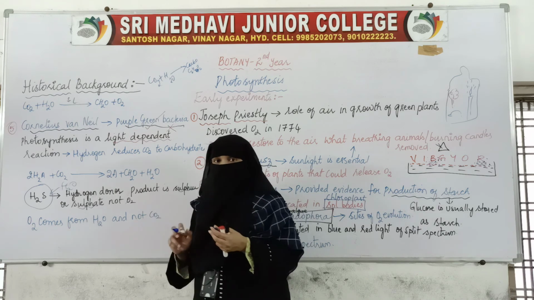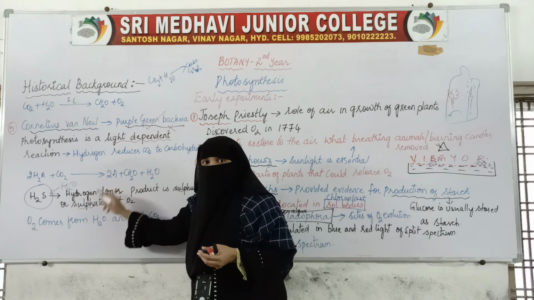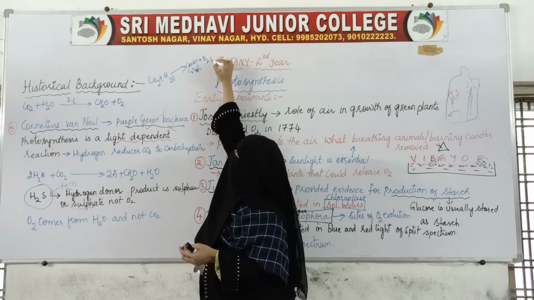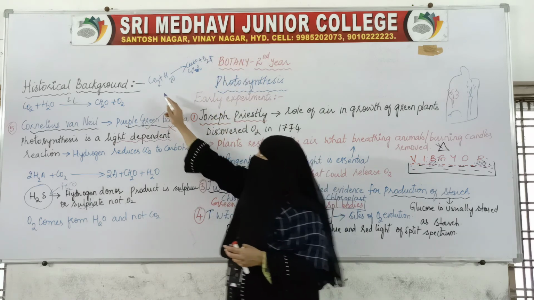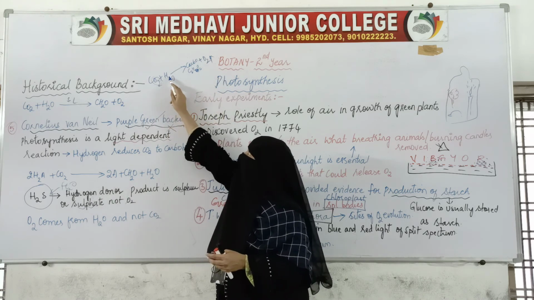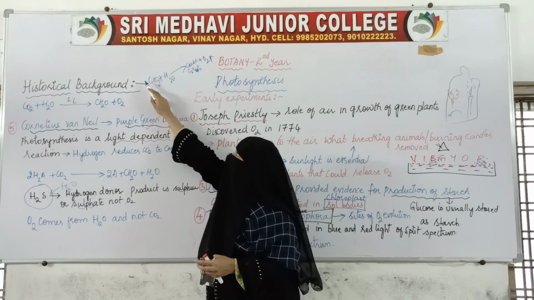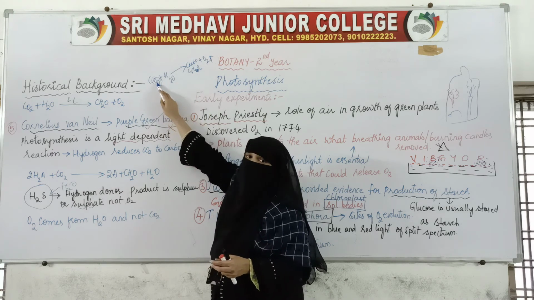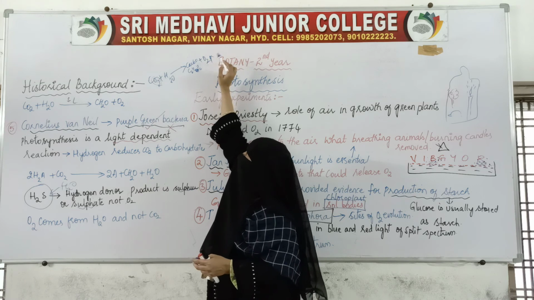So with this they said that carbohydrate plus oxygen is released. Earlier it was thought that this oxygen is from the carbon dioxide, and that carbon and hydrogen join and form carbohydrates, while oxygen from the carbon dioxide is released as O2.